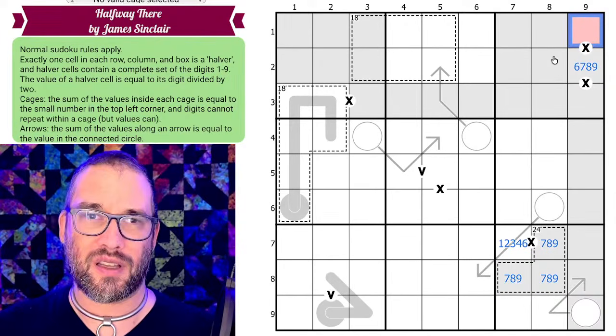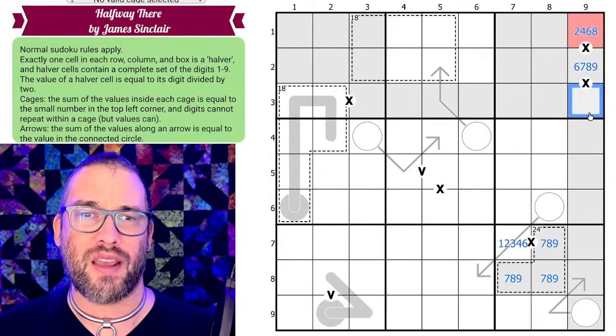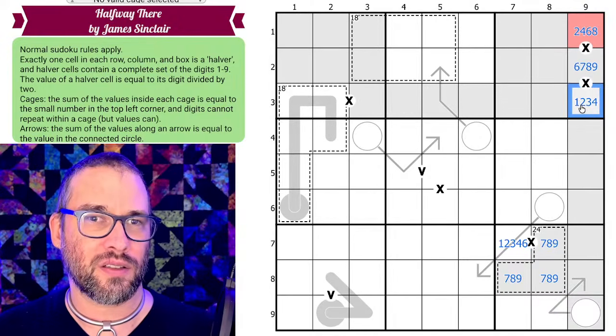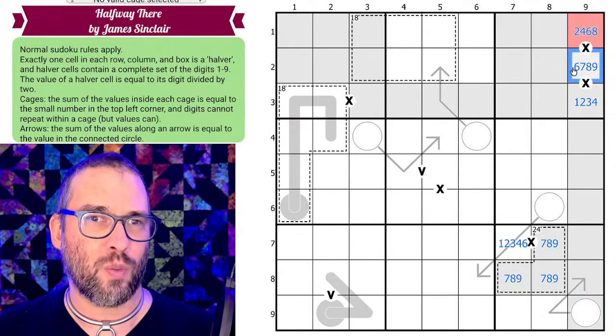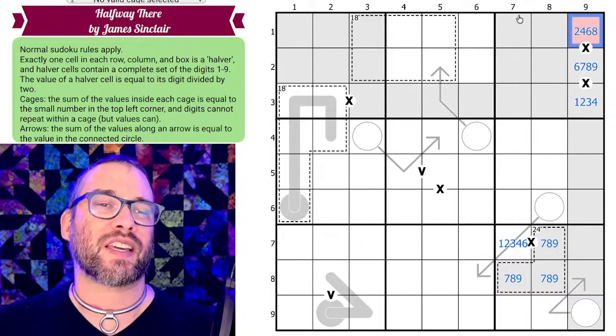So this is a 2, 4, 6, or 8 with a 1, 2, 3, or 4 here. Why could we not have a 7, 3? Oh, 6.